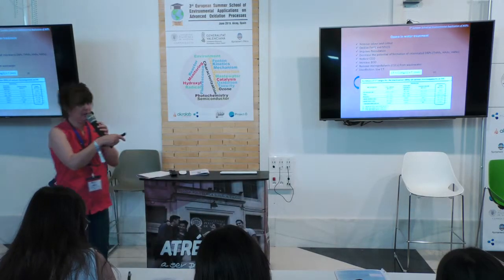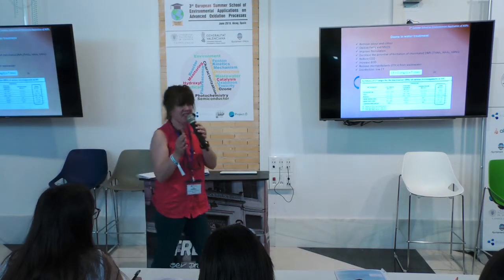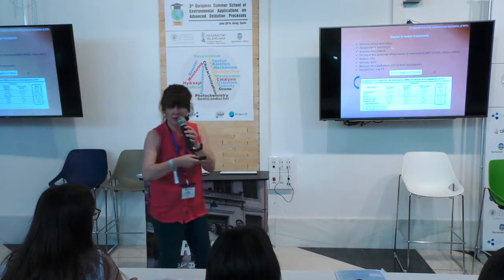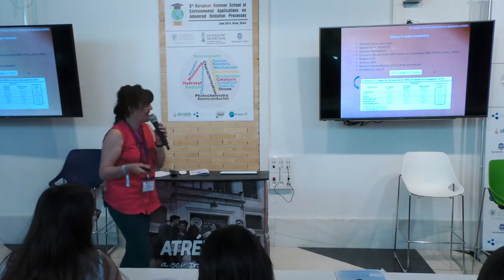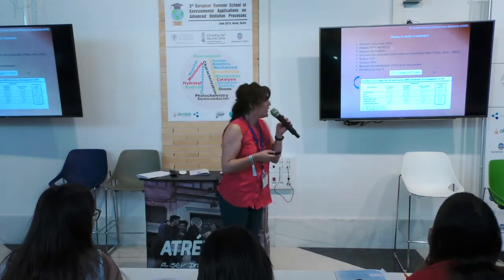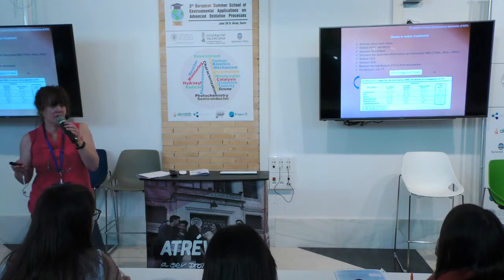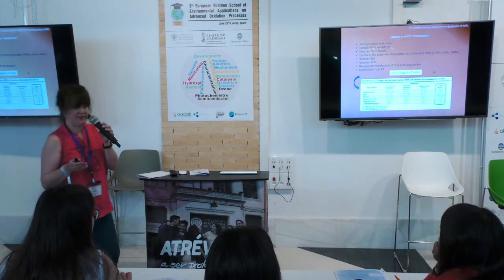In this table, you have a summary of the CT ranges for different disinfectants, free chlorine, that is the sum of hypochlorous acid and hypochlorite, chloramine, chlorine dioxide and ozone, for the inactivation of 99% of different microorganisms at 5 degrees Celsius.